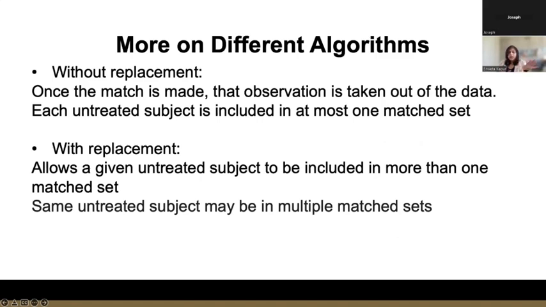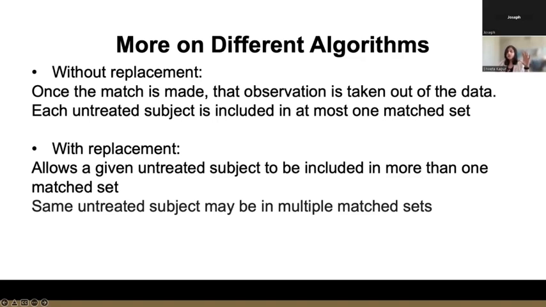A little bit more on the algorithms. There are two different kinds again: one is propensity score matching with replacement, and the next one is propensity score matching without replacement. When you're talking without replacement, once a match is made, that observation is taken out of the data.